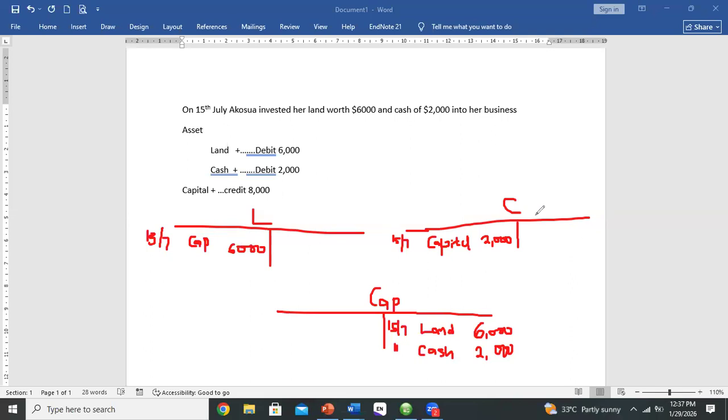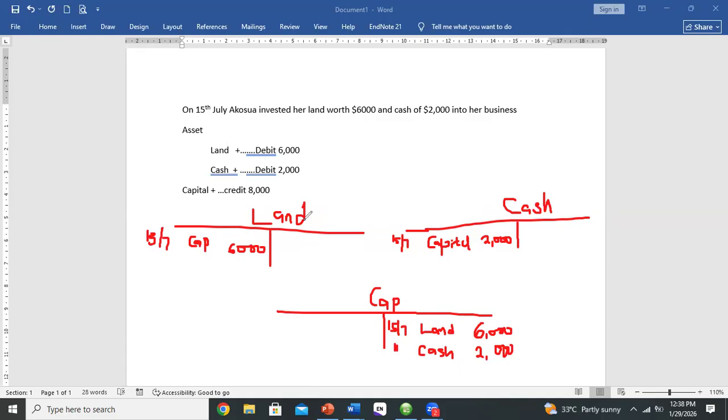Please, any question or confusion? I don't think so. Now you see, you need to apply the knowledge because the questions might trick you a little. I've seen a question where the owner did an investment, but that investment was even used to settle a liability.